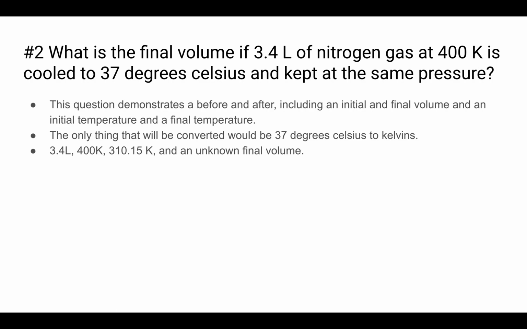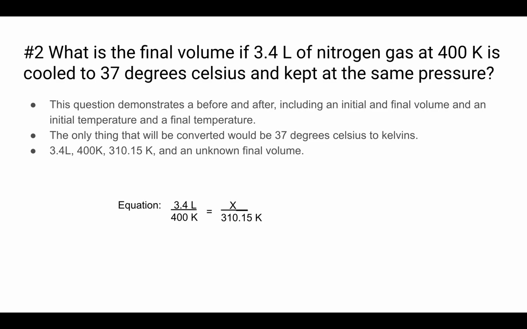And the only thing that would be converted would be going from 37 degrees Celsius to kelvins. So it would be 310.15 kelvins, and the unknown variable would be the final volume.